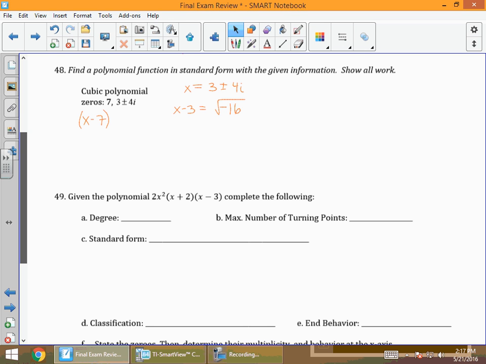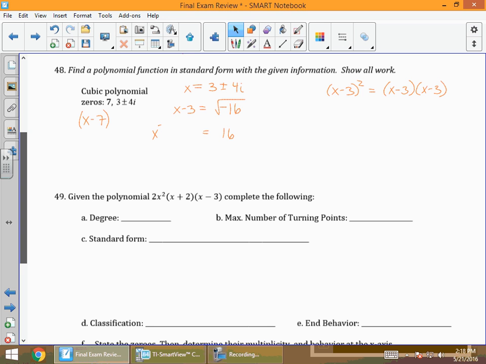So if I think about this setup, that x minus 3 is equal to the square root of negative 16, I'll square both sides. Square the right side, I get negative 16. Be careful squaring the left side. X minus 3 squared is equal to x minus 3 times x minus 3, which means you have to FOIL it.